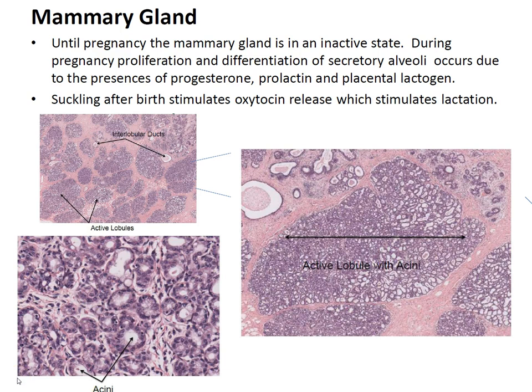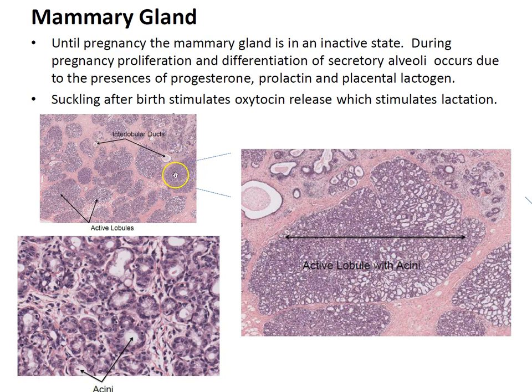Now, until pregnancy, the mammary glands remain inactive or dormant. And during pregnancy, there is a dramatic increase in proliferation and differentiation of the mammary gland. And this proliferation and differentiation of secretory alveoli is under control of progesterone, prolactin, and placental lactogen. In this section of the mammary gland, you can see numerous active lobules and interlobular ducts.